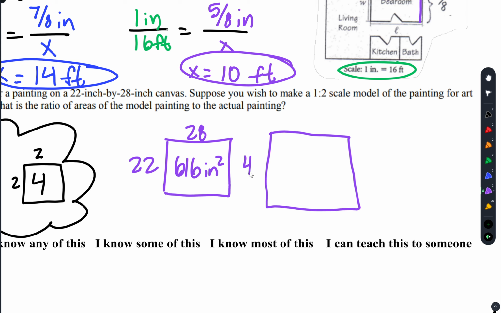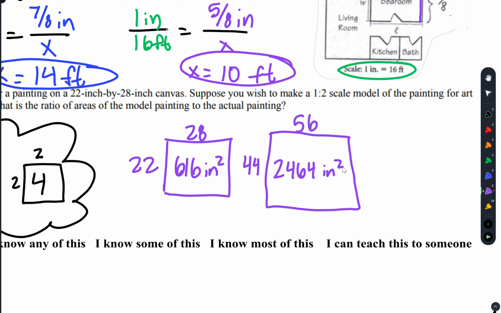So now it's a 44 by 56 inch canvas. I need you to understand that you cannot take this area and double it. We have to actually go in and figure out what is the area of that canvas, 44 times 56, to get 2,464 square inches.